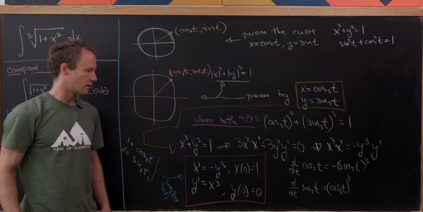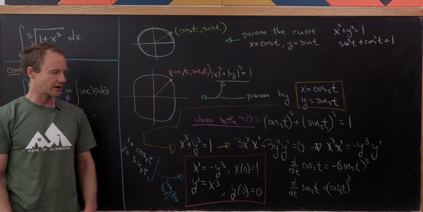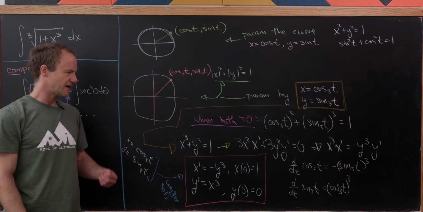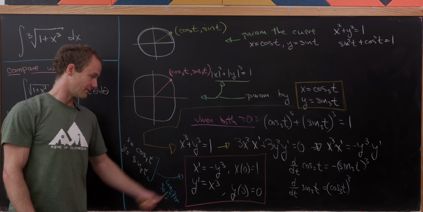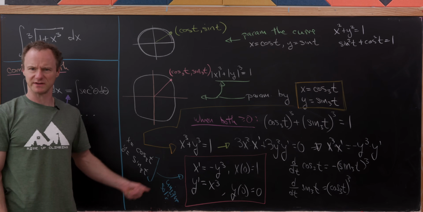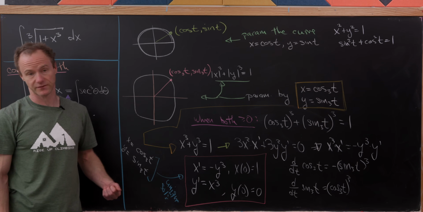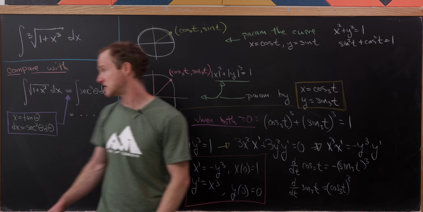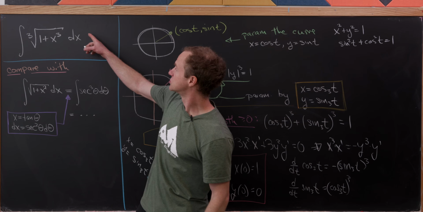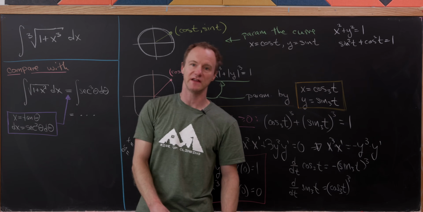Now that we've looked at this a little bit, let's see how these functions defined by this initial value problem, this system of differential equations, parameterizing this fat circle, can be used to evaluate this integral.